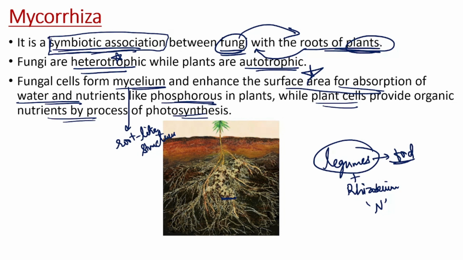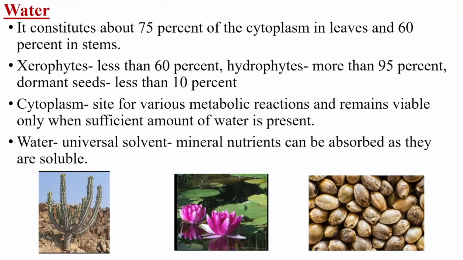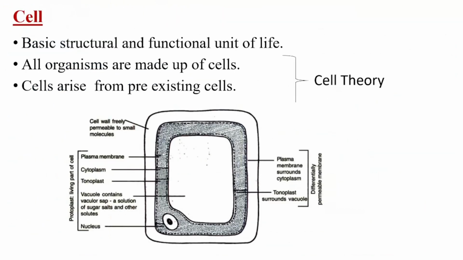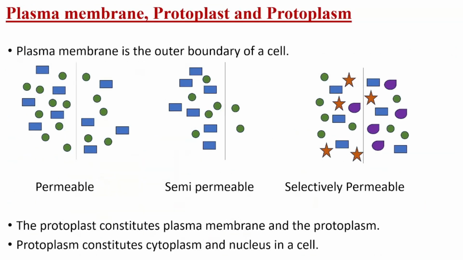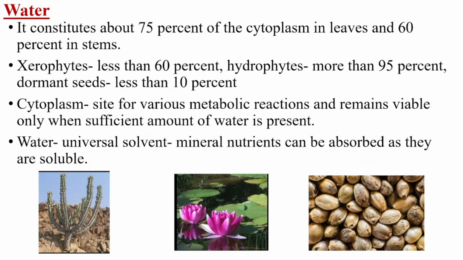So in this unit we have discussed how transportation of water and food takes place. We started from the basics: what a cell is, what the plasma membrane is, how protoplasm is different from cytoplasm, the distinction between protoplast and protoplasm, what a tissue is, and why xylem and phloem are considered complex tissues made up of different types of cells.